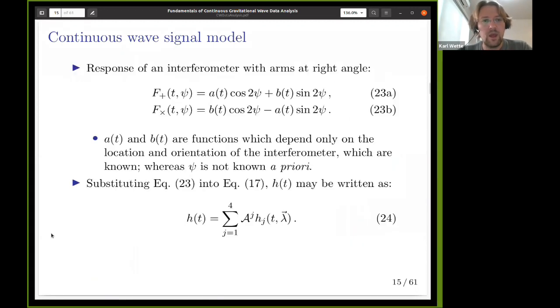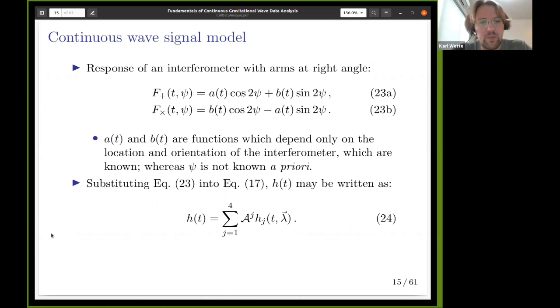So now let's go back to our signal model again, and we can write out, for an interferometer, and here we're assuming that the arms are at right angles, which is generally the case, our response functions f plus and f cross in the following way, given equation 23.